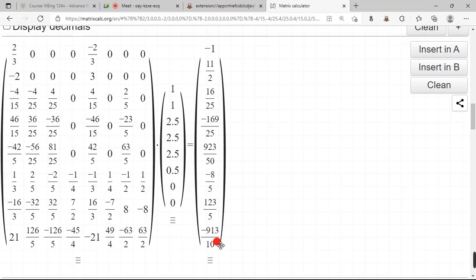So, take note na ninyo. Sige, mag-take note na ko diri. So, negative 1, 11 over 2, 16 over 25, negative 169 over 25, 923 over 50, negative 8 over 5, 123 over 5, negative 913 all over 10.